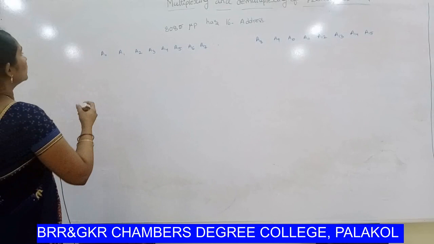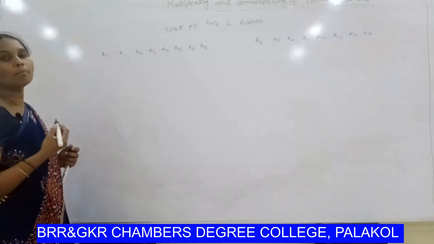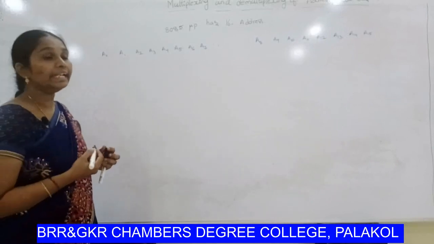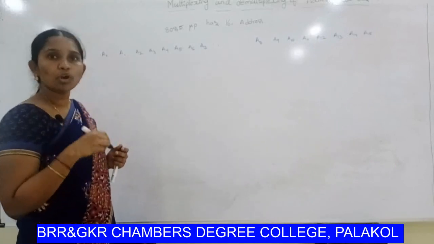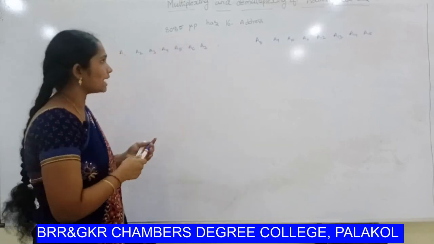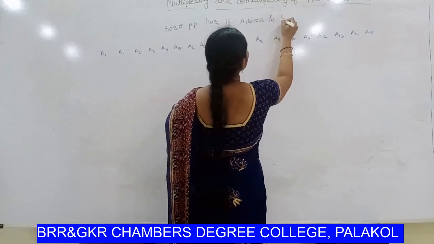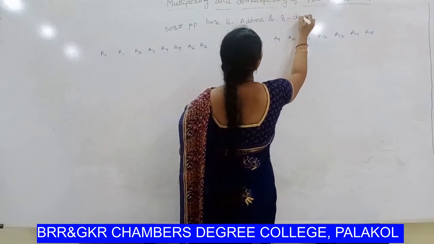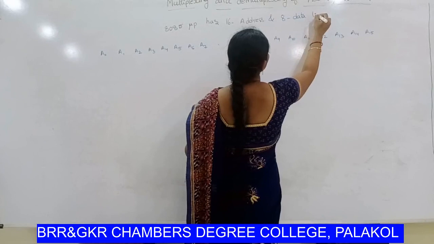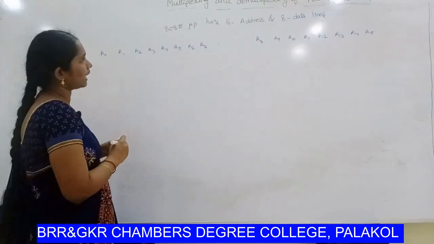Here, the lower order address bus is combined with the 8 data lines. We already know that the 8085 microprocessor has 16 address lines and 8 data lines.